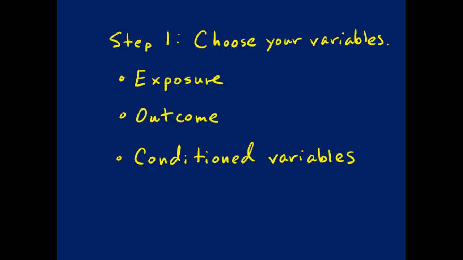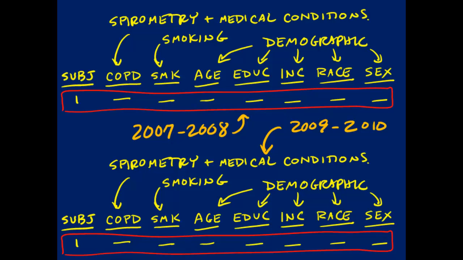One of the things we need to pay attention to is that because we're going to be stacking these data from two different cycles, we need to make sure that the variable names in each cycle match each other, and also that the way the information was encoded in each of the variables is consistent across the different cycles. If we find that they are different, we're going to have to change them so that they're the same.